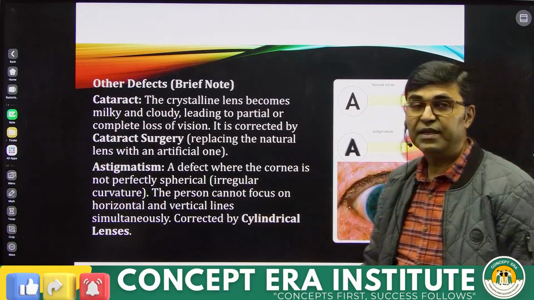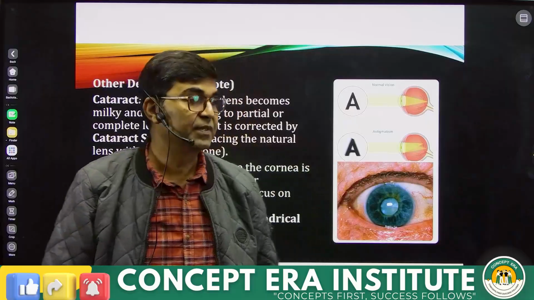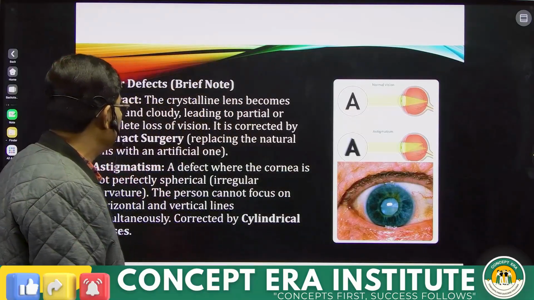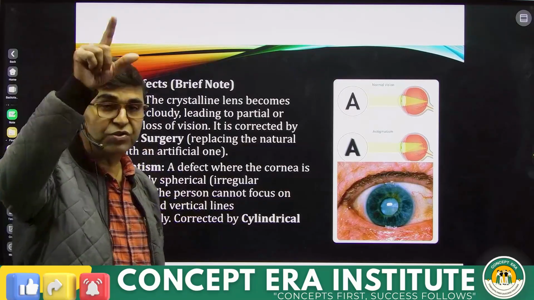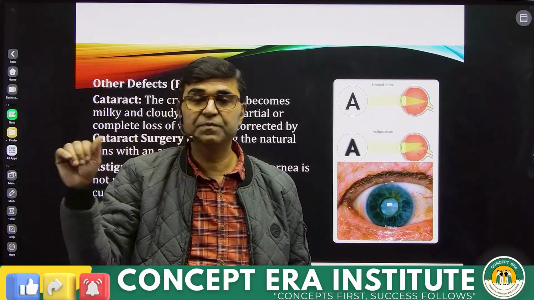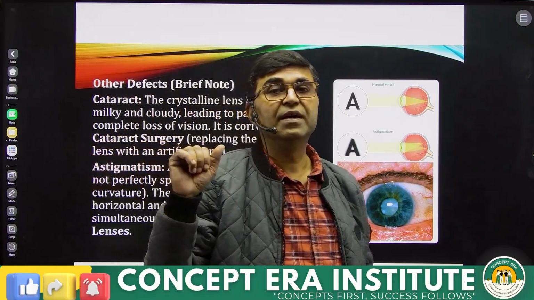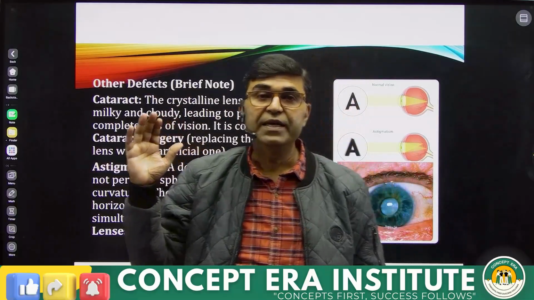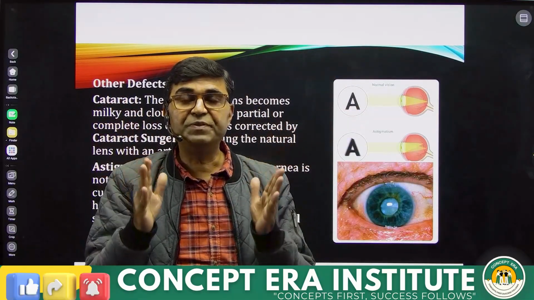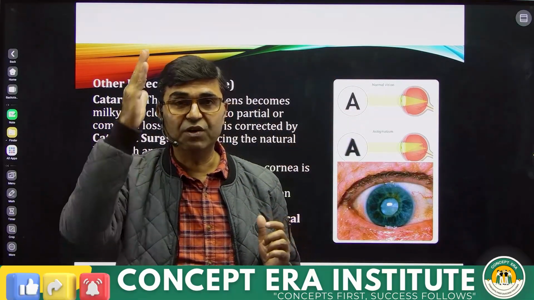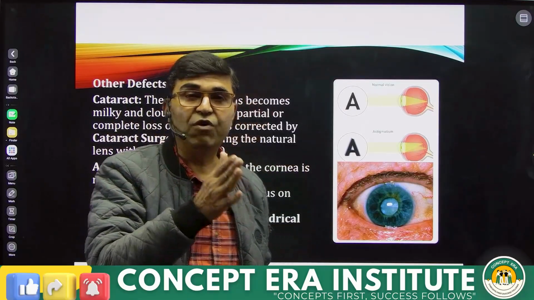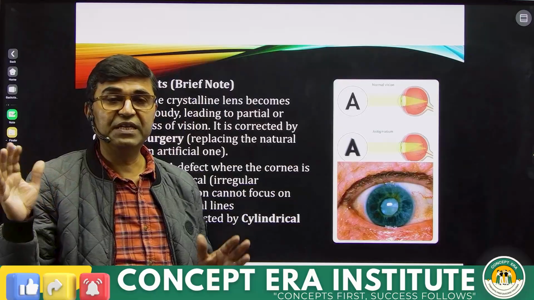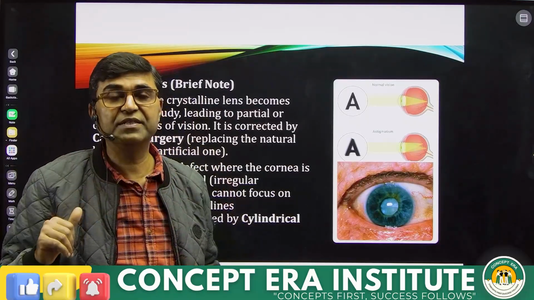Another defect is astigmatism. Astigmatism is a defect in which a person cannot focus on horizontal lines and vertical lines at the same time. That means when a person is looking at an object like a graph in which horizontal and vertical lines are there, he can either perceive horizontal lines or vertical lines, but he cannot focus on both at the same time.